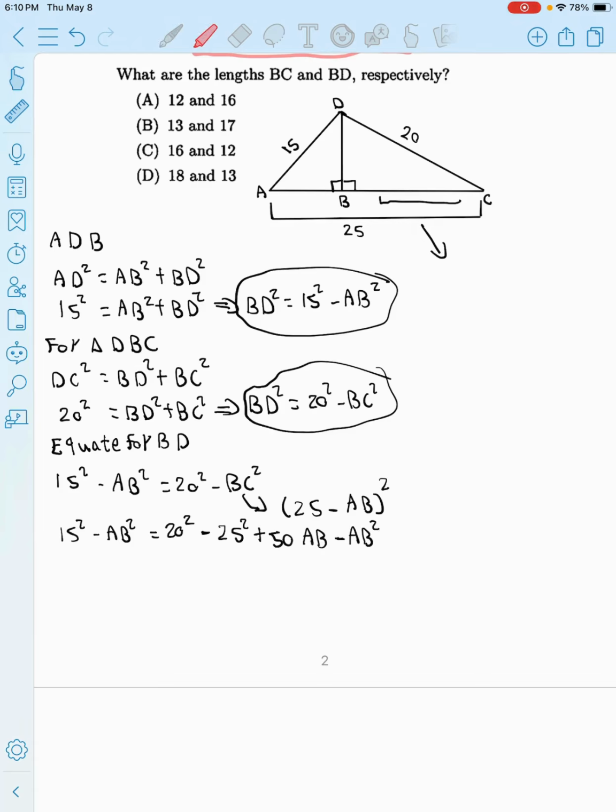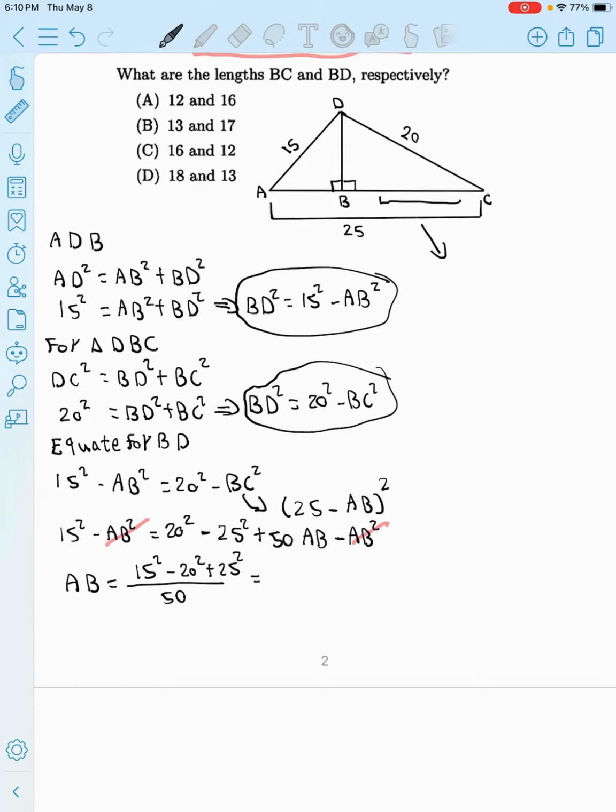So you can see here, this one cancels out. So getting AB by itself, AB equals 15 squared minus 20 squared plus 25 squared, over 50. Just put everything on one side and AB on the other side.